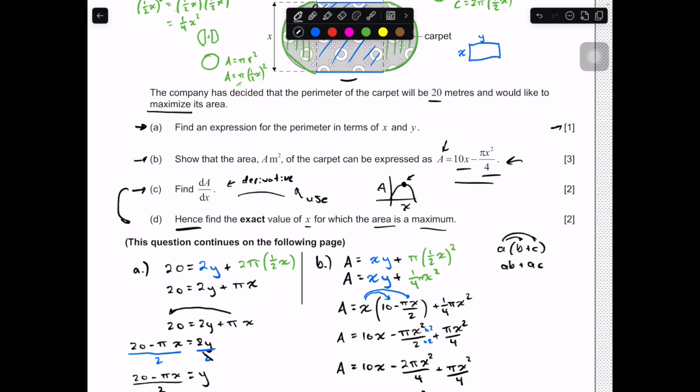I'm not saying that's the optimal thing to do, but I always think it's a good strategy to maximize your process marks. So here's a function. It's area against x, graph the function, find the highest point, and you will get 1 mark for this. You're not using the derivative, but you will get 1 mark for the area.